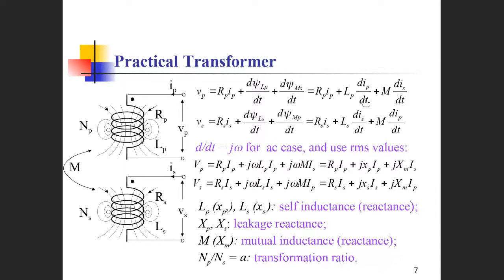This is the self-induction of coil 1 due to the current in coil 1. This is the mutual induction, the induction due to the flux produced by the secondary current. The secondary current changes with time, and there is a mutual inductance between the primary and the secondary. So: self-inductance, mutual inductance, and self-resistance.